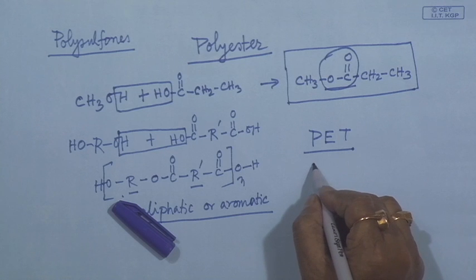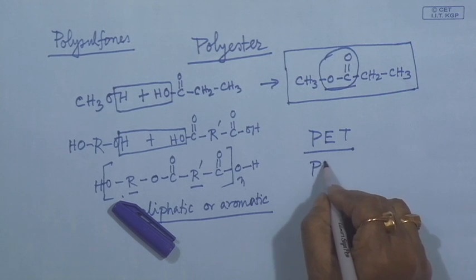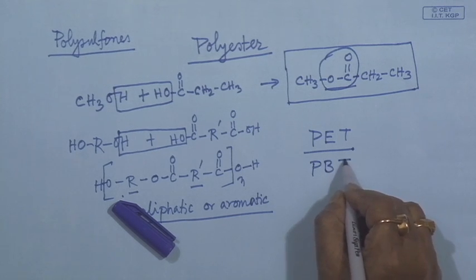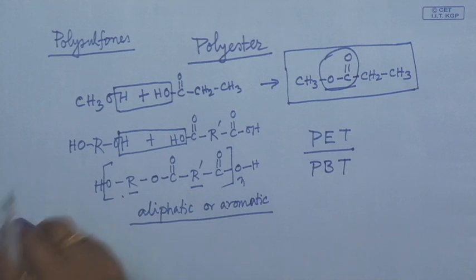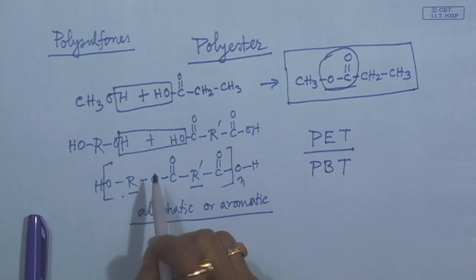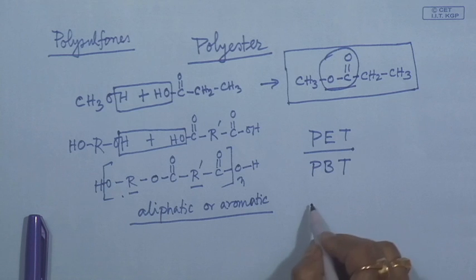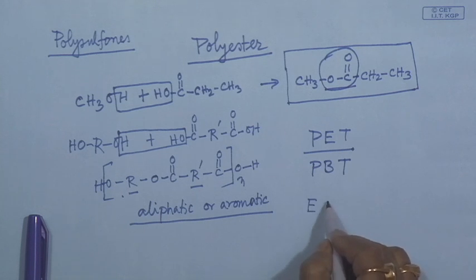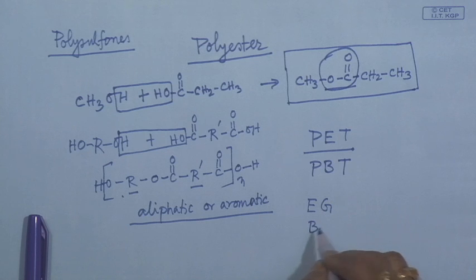There can be another polyester, polybutylene terephthalate. Now, this alcohol part can be ethylene glycol or butylene glycol.